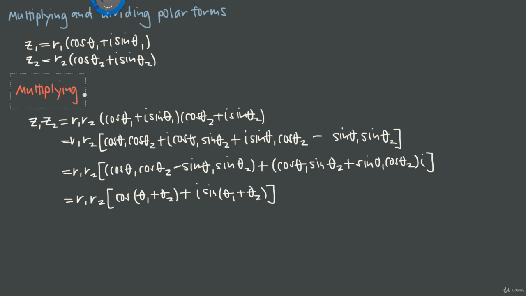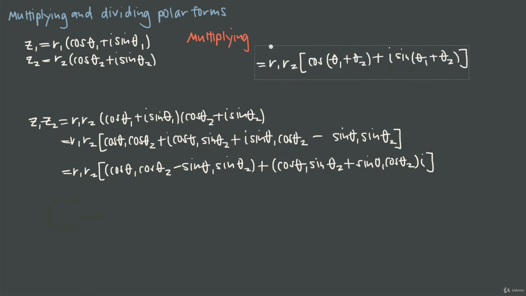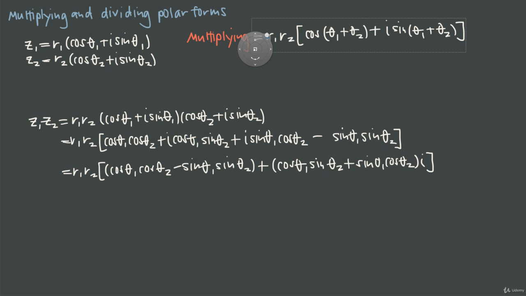If we move this up here, and then we take our formula that we just found and move that up here, what we see is that this formula for the product of two complex numbers actually has the same form as a single complex number in polar form. We have this value out in front, just like here we have r sub 1 out in front.